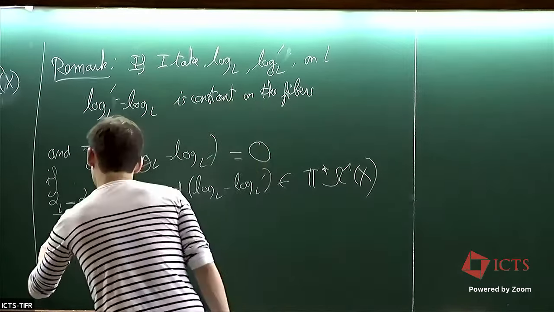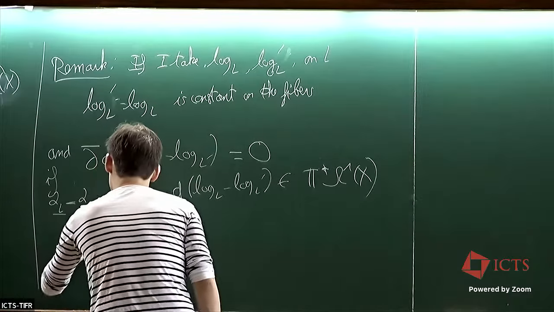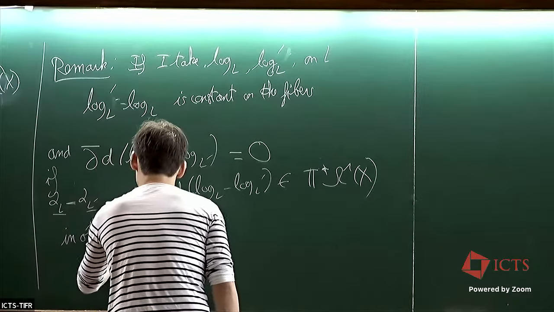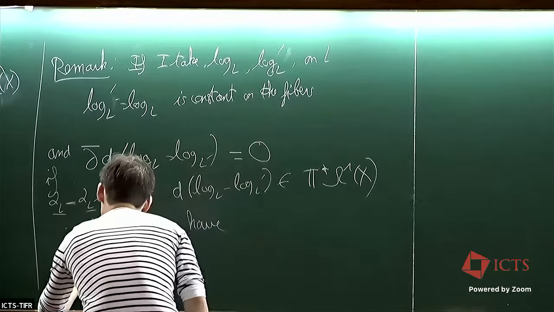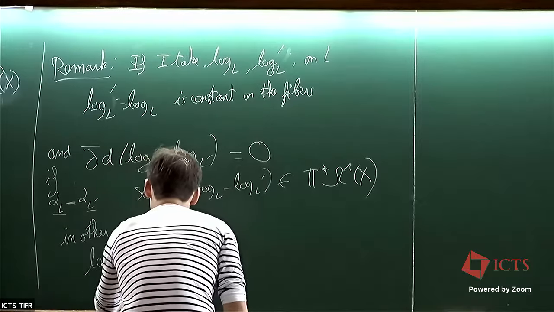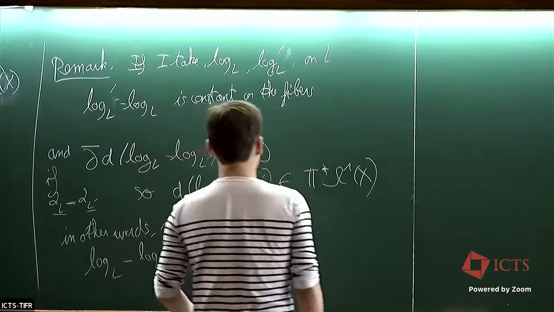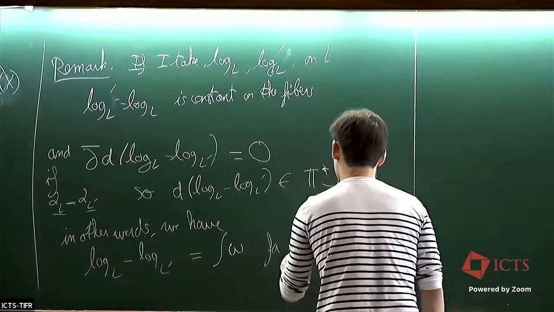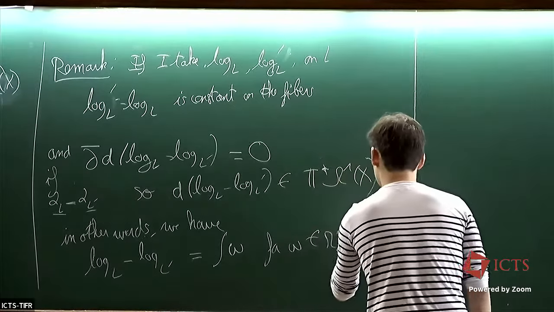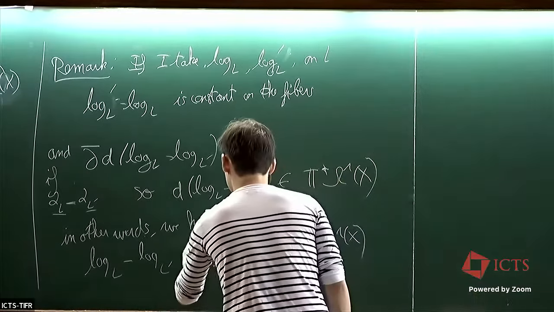So in other words, we have log L minus log L prime should be some primitive of omega inside omega 1 pi star.